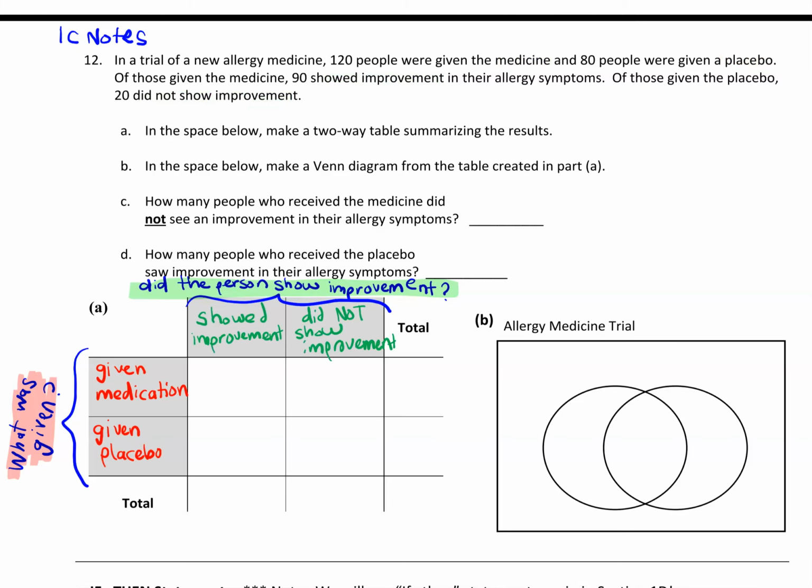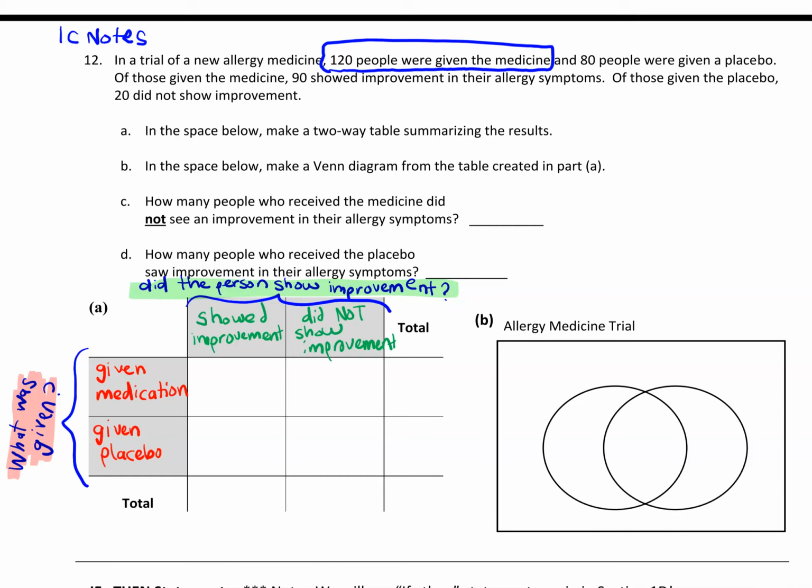Okay, so now that I have my two-way table labeled, I need to reread that problem and extract the numbers that were given to me and locate them in the correct cell of this table. So let's see what first number we're given here. We're told 120 people were given the medication. I don't know anything about whether or not those 120 people improved.